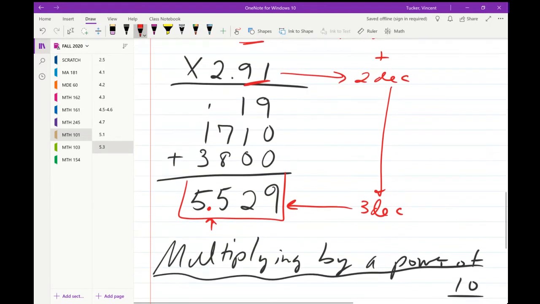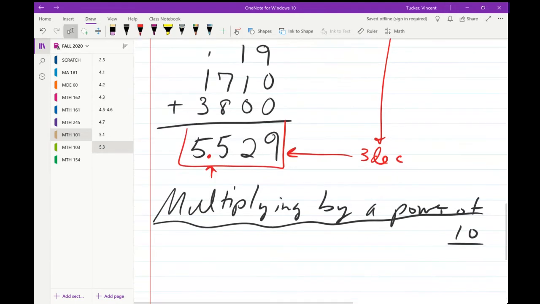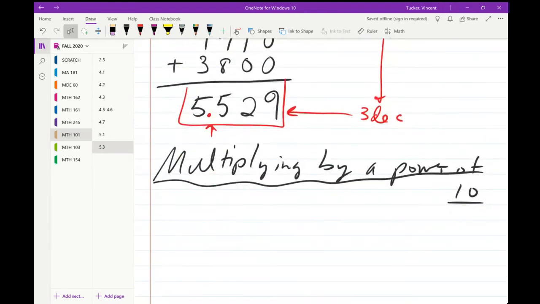All right. Anything else before we go to one more element of multiplying your decimals?